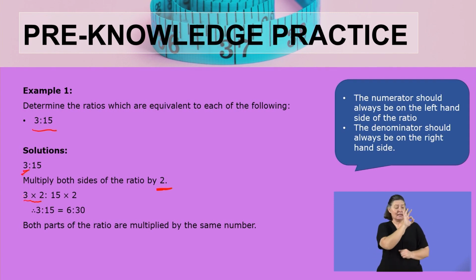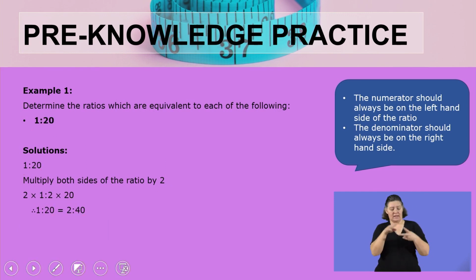If we take 3, multiply by 2, the answer is 6. On the right-hand side, we have 15. If we take 15, multiply by 2, we have 30. Therefore, we are saying 3:15 is equivalent to 6:30 because both parts have been multiplied by the same number, which is 2.